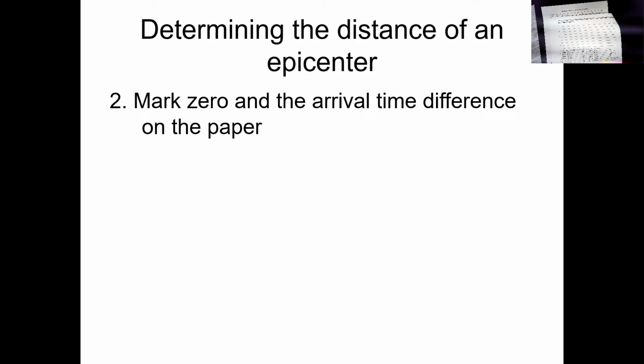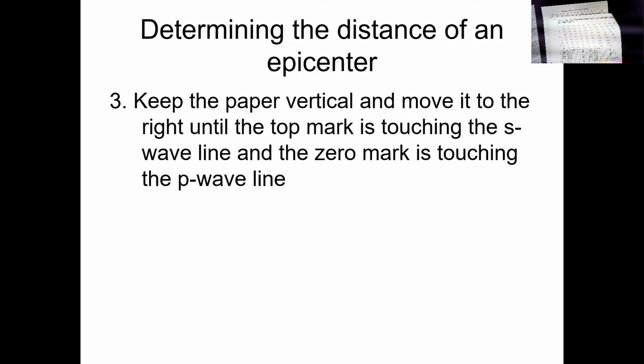So like Jake already noticed, it's going to be a little wordy. I do expect you to take your time and write it word for word. You can do it. Keep the paper vertical and move it to the right until the top mark is touching the S wave line and the 0 mark is touching the P wave line. So take your time, write this out. I won't rush you.